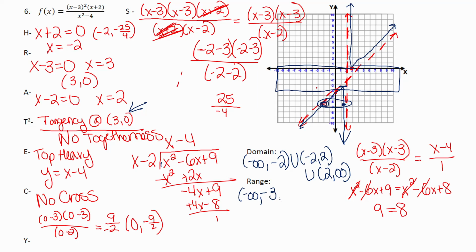So I'm going to say negative 3.25, and I'm going to put a bracket on it. Now, maybe you didn't turn around as late as I did. Maybe you turned around only at negative 4. So then you would say negative infinity to negative 4. You're going to want your range to match what your picture is doing.